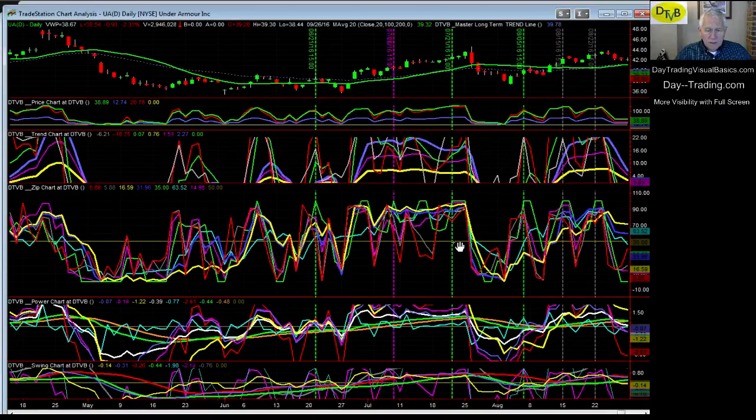Now, so this example, I like to do these examples because it shows you the process that I go through, and you understand the conditions, because not all red-green twin peaks go up.